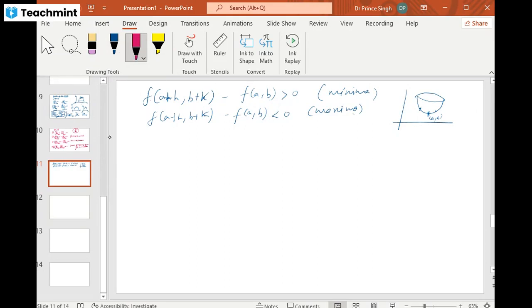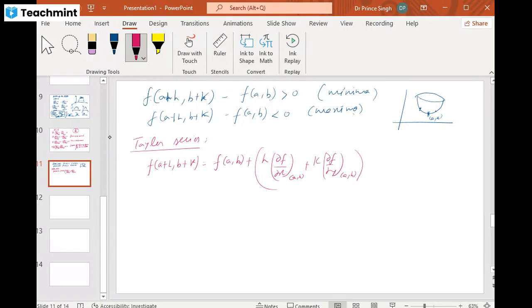So consider Taylor's theorem for two variables. So the Taylor series expansion for a two variable function. What is the expansion here? f(a+h, b+k) is equal to f(a,b) plus, we are simply considering it as h times ∂f/∂x at the point (a,b) plus k times ∂f/∂y at the point (a,b).